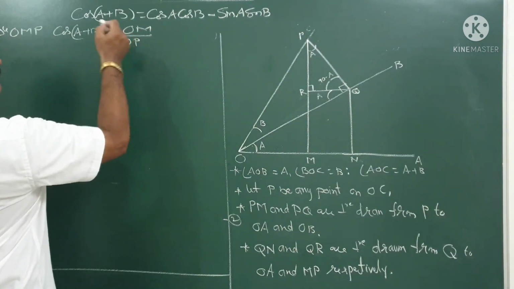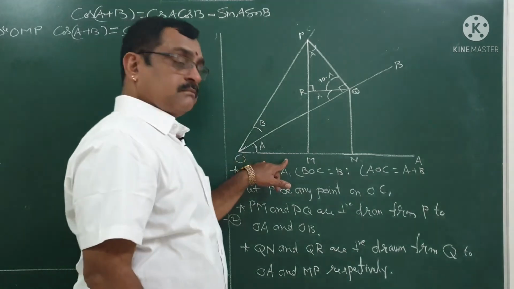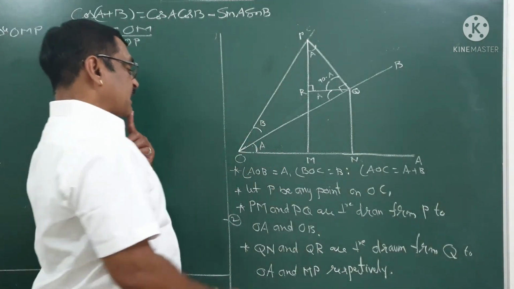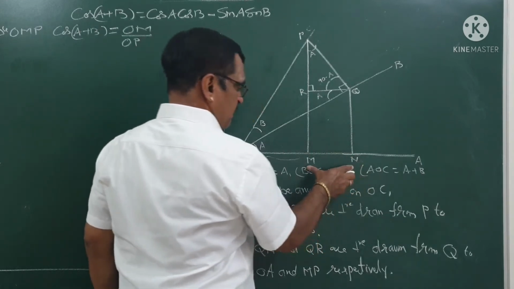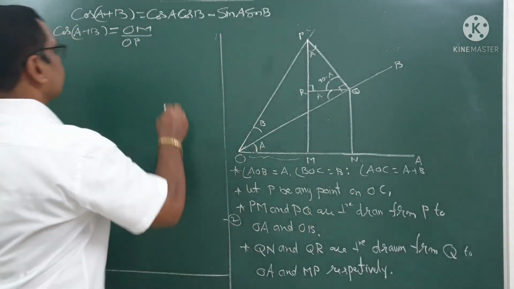Method is same. Now OM can be written as ON minus MN.